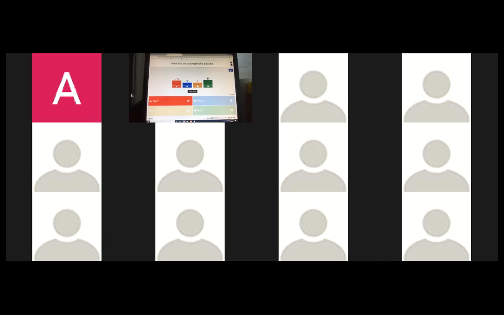So when you see ion, it's something that's charged. So you want to see a plus or minus by the element. Cation means it's positively charged. Anion means it's negatively charged.